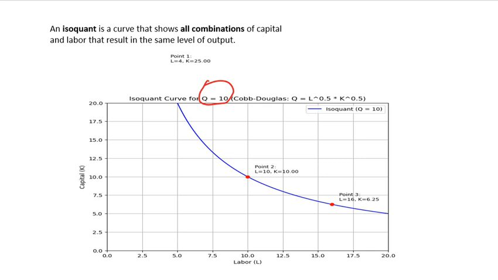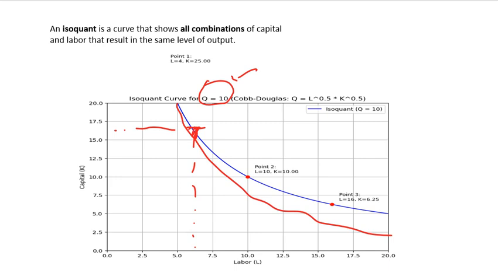So the function is a Cobb-Douglas production function. To produce 10 units of output, you have this isoquant curve or indifference curve, which means you can take any point here. For example, if you choose to produce at this point, it means something between 17.5 and 15 of capital, and between 5 and 7.5 of labor.